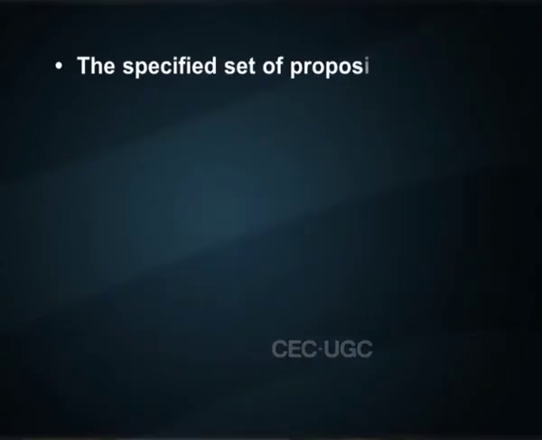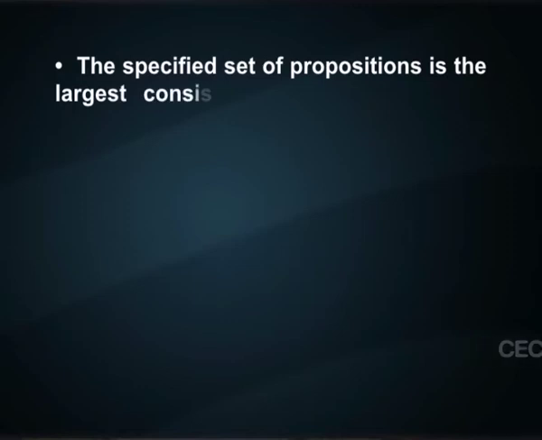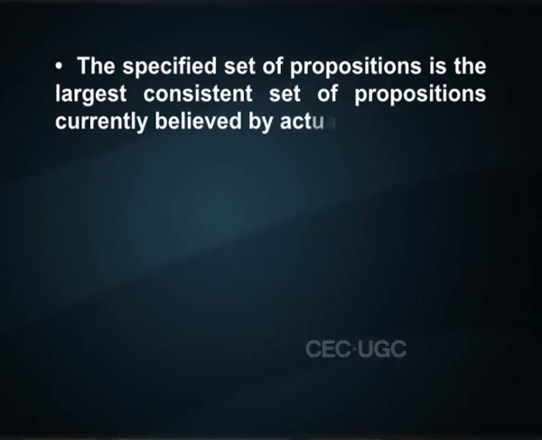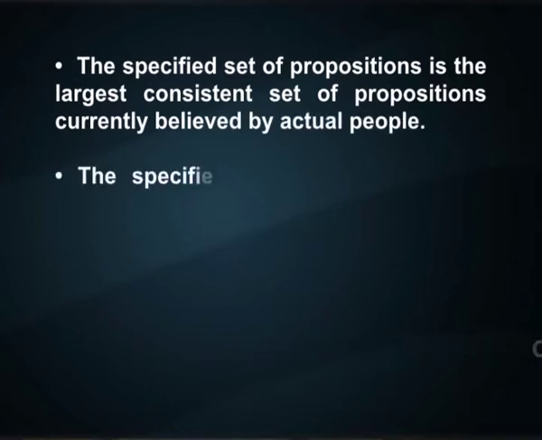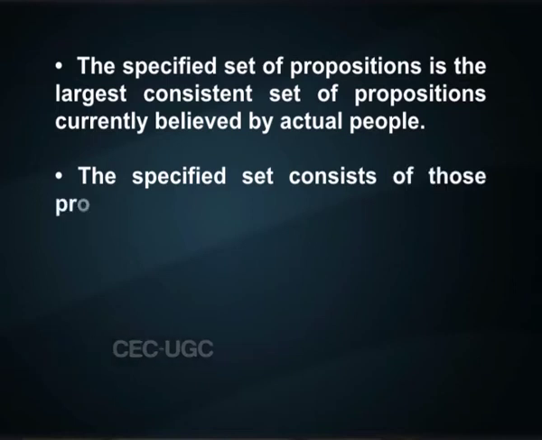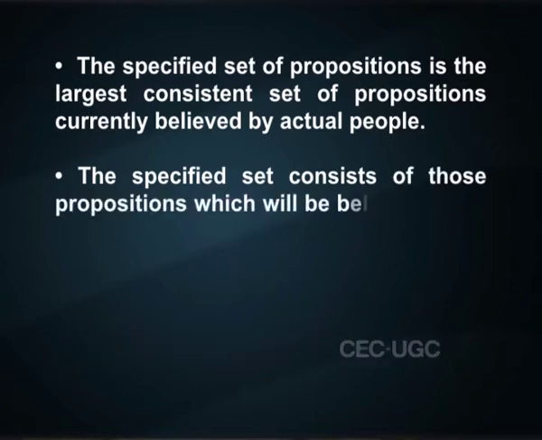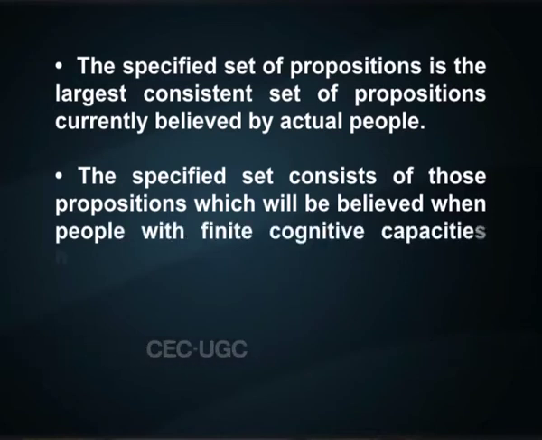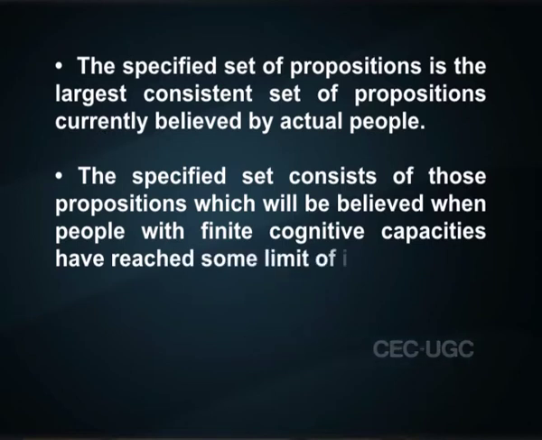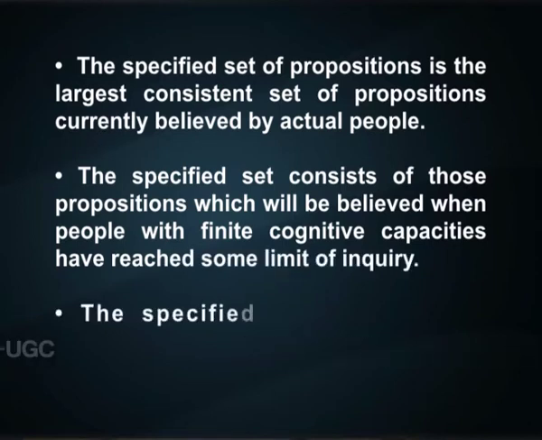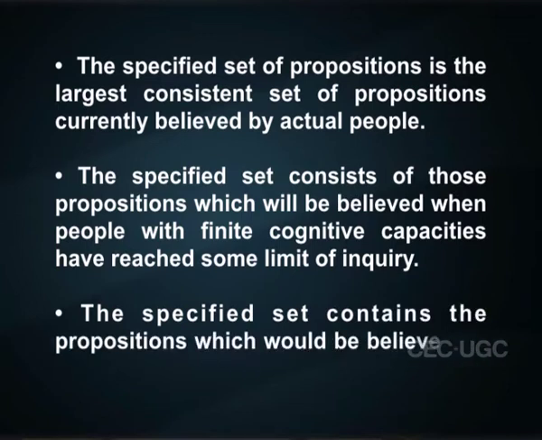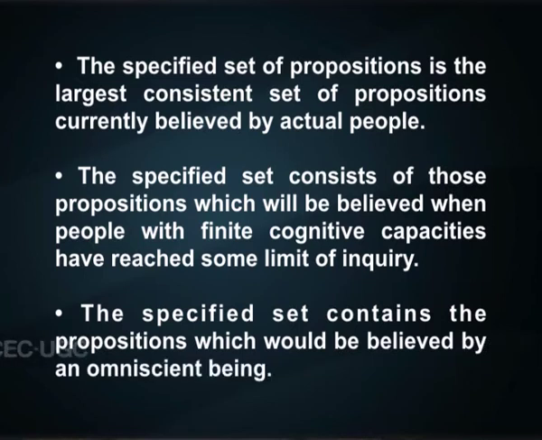The specified set of propositions is the largest consistent set of propositions currently believed by actual people. 2. The specified set consists of those propositions which will be believed when people with finite cognitive capacities have reached some limit of inquiry. 3. The specified set contains the propositions which would be believed by an omniscient being.